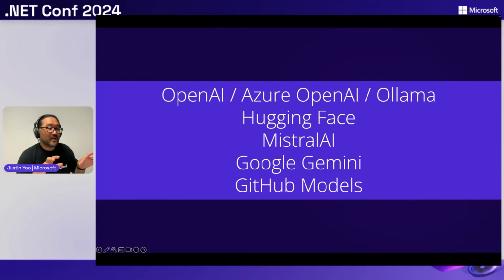There are many LLMs Semantic Kernel supports like this. Both OpenAI and Azure OpenAI, of course, Semantic Kernel supports. But at the same time, Ollama, Hugging Face, Mistral AI, and Google Gemini are also supported. And recently, GitHub Models are also supported.